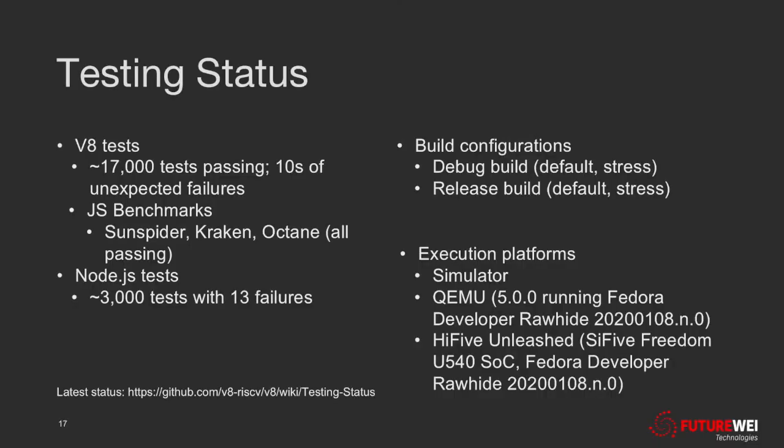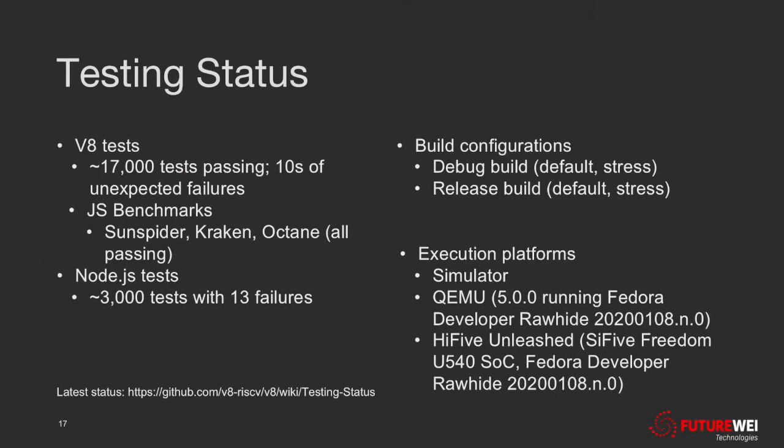All right, so we just want to show that it's not just some demos that are working. We actually thoroughly tested our RISC-V backend using the test cases coming from V8 as well as from Node. So now we are passing the majority of the V8 and Node test cases, and we actually compare with the ARM backend, which is also an embedded backend, but it's supported by the official Google team.